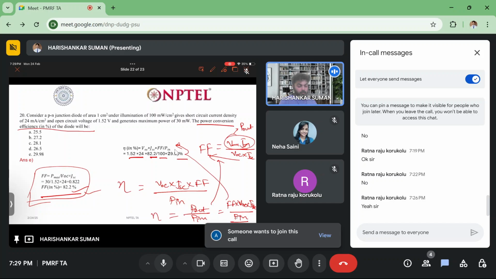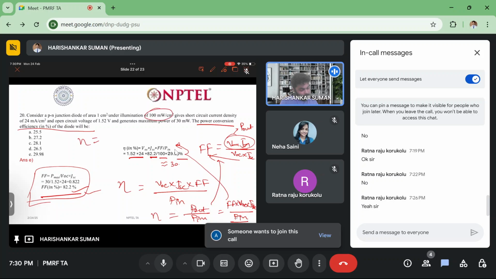Any doubt? So this is around 30%. We can also directly calculate.